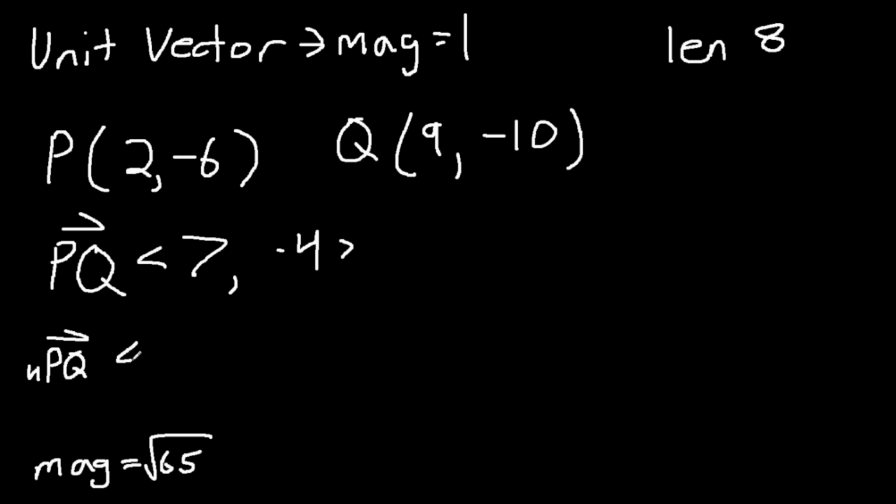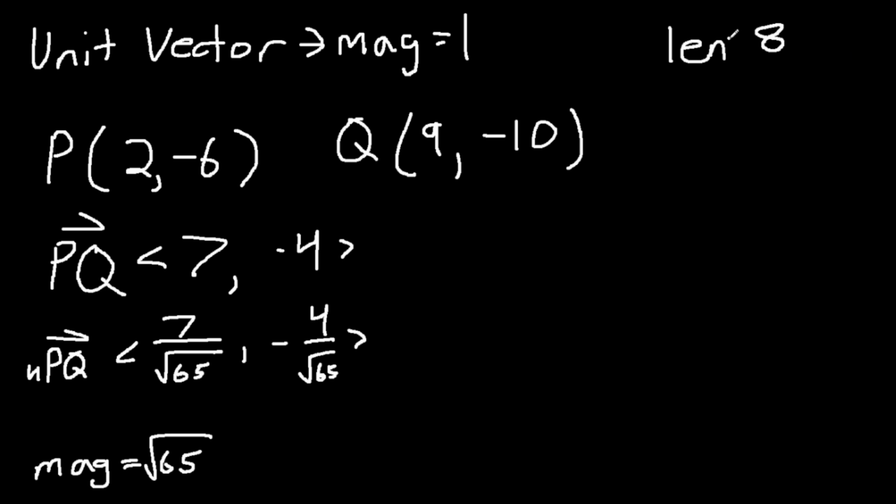So we divide by the square root of 65, the magnitude, and this is the unit vector for PQ. This will face the exact same direction as PQ did, but now the magnitude is 1.